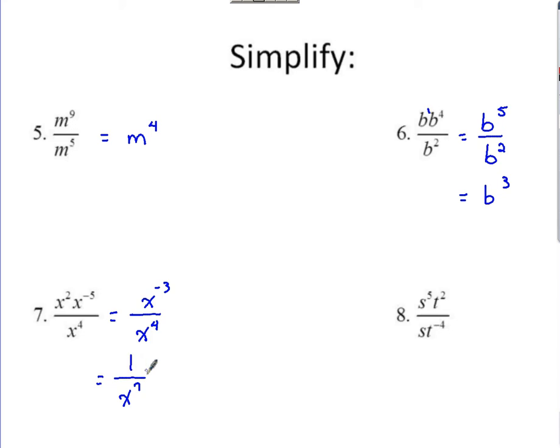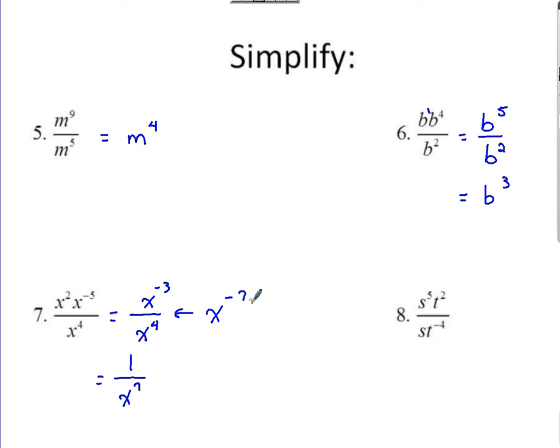That's one way to do this if you just want to create one step for yourself where you're dividing with like bases. Now, what this really means if we're more consistent with how we approached 5 and 6 here, had I just taken these like bases and created an expression of x as the base, subtracted these powers as is from top to bottom, so it'd be negative 3 minus 4, get negative 7.